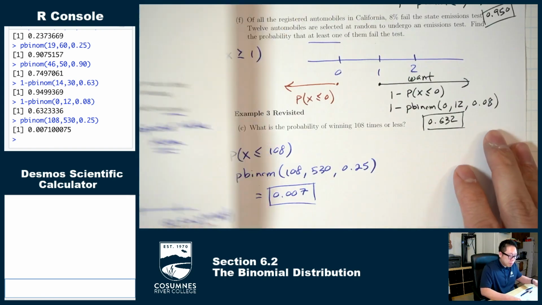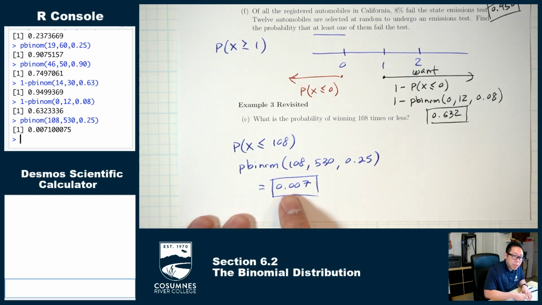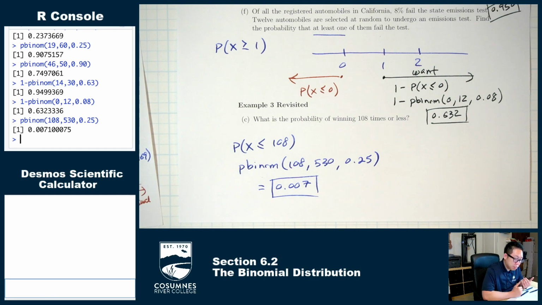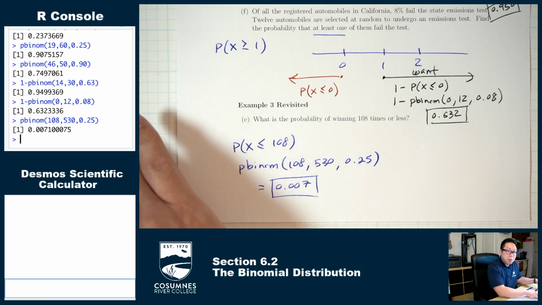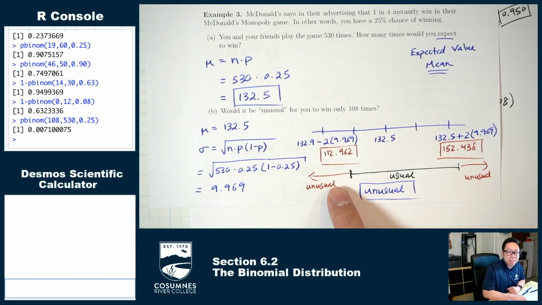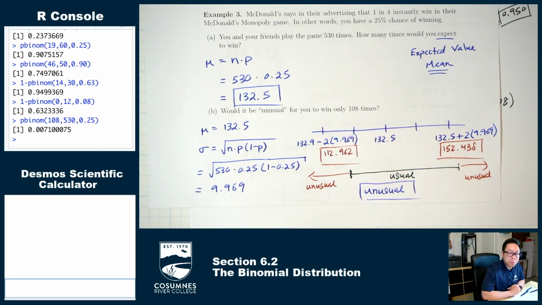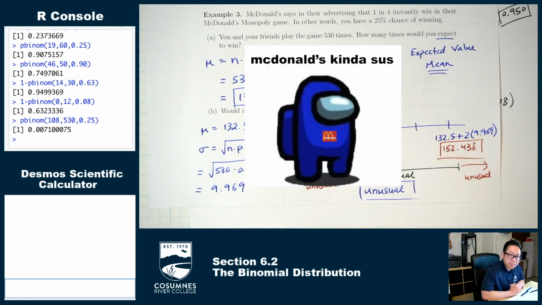And even more, now we can say how unusual it is to win just 108. We're saying that as a percent it is 0.7%. What happened to us should only happen less than 1% of the time. So not only is it unusual, it is highly unlikely that we should win only 108 times. So McDonald's is acting kind of shady here.